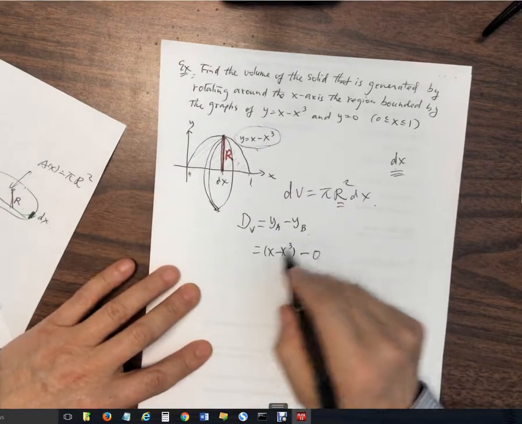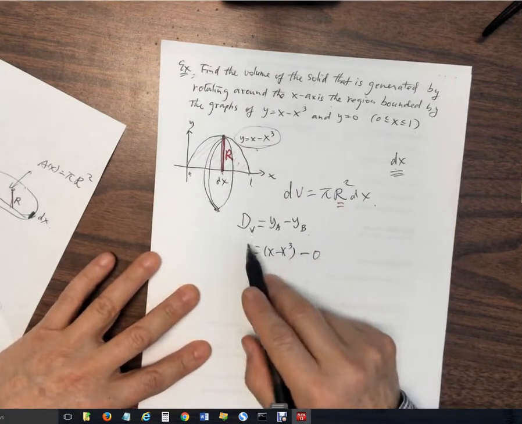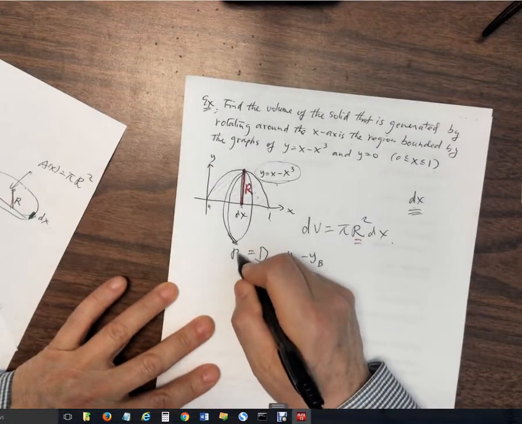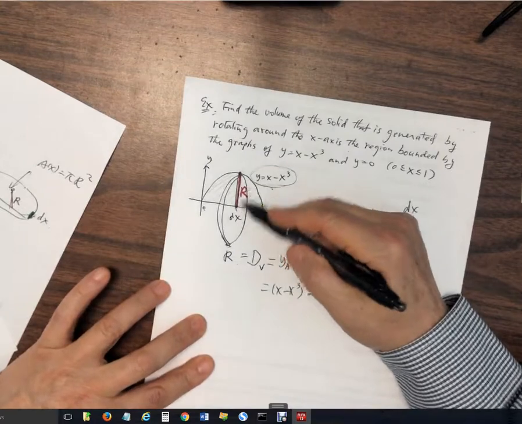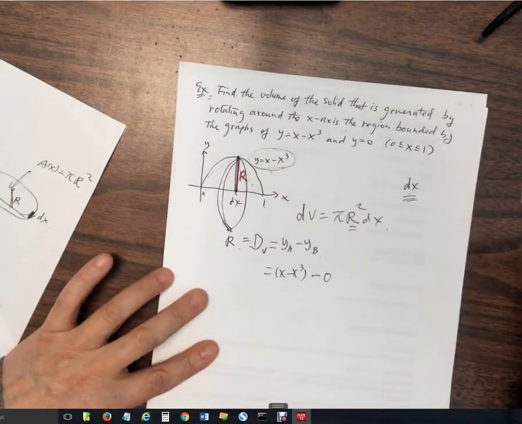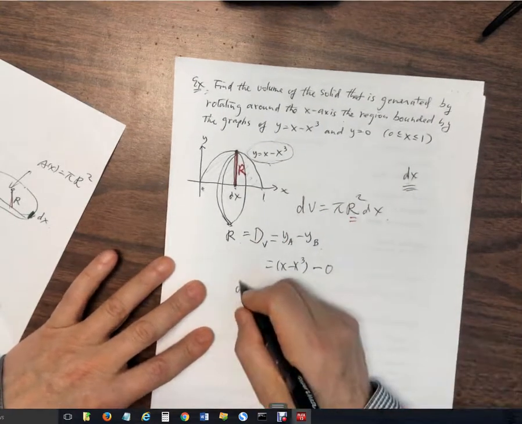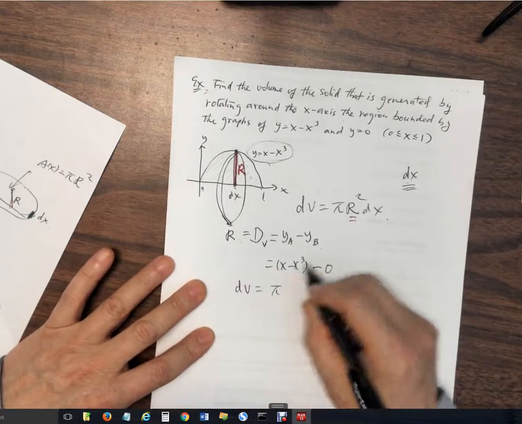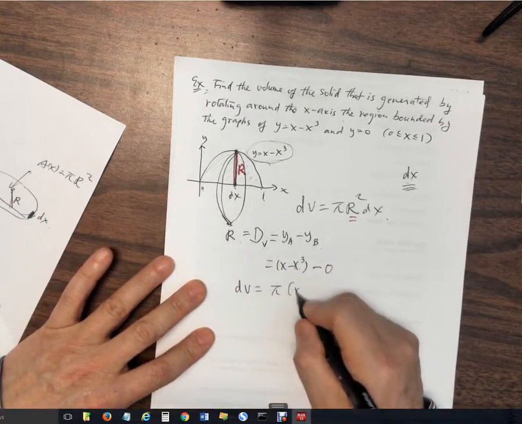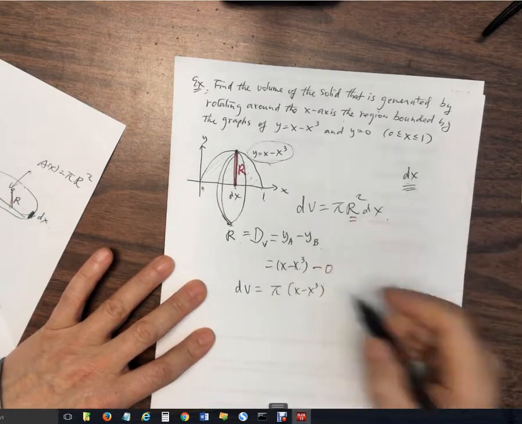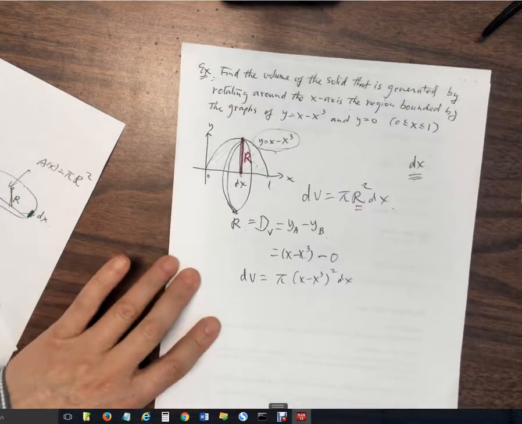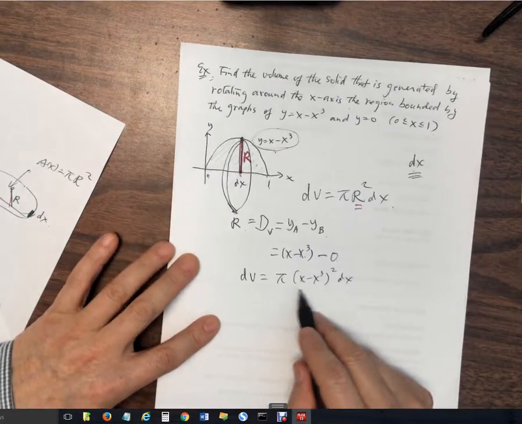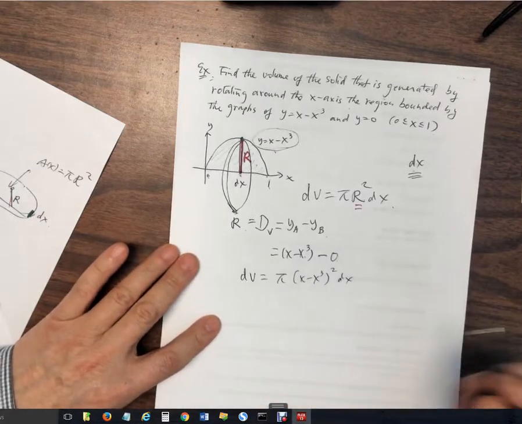So this gives us the expression for the radius, which in this case is a vertical distance. And we plug in. So our dV is pi, this is r, 0 you can just drop, squared, dx. Alright, and check, everything is in x, so we're in good shape.